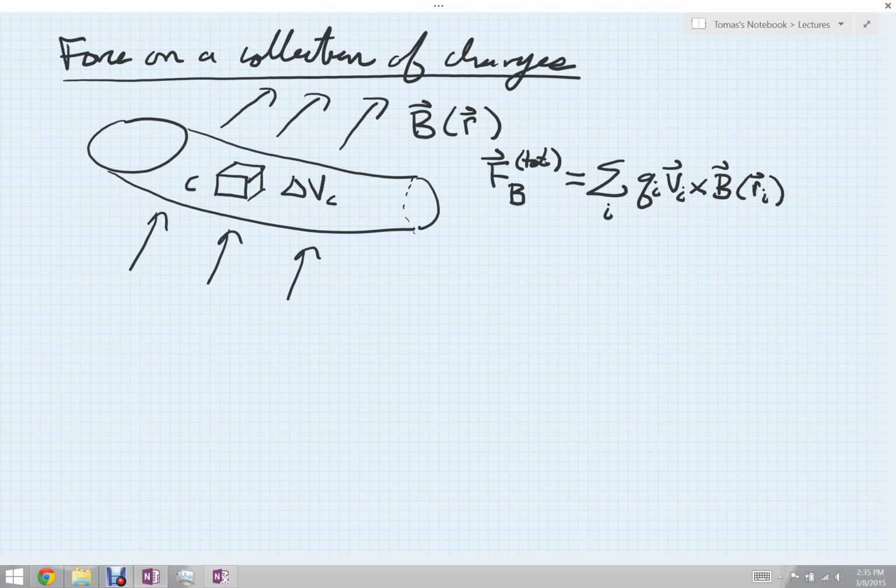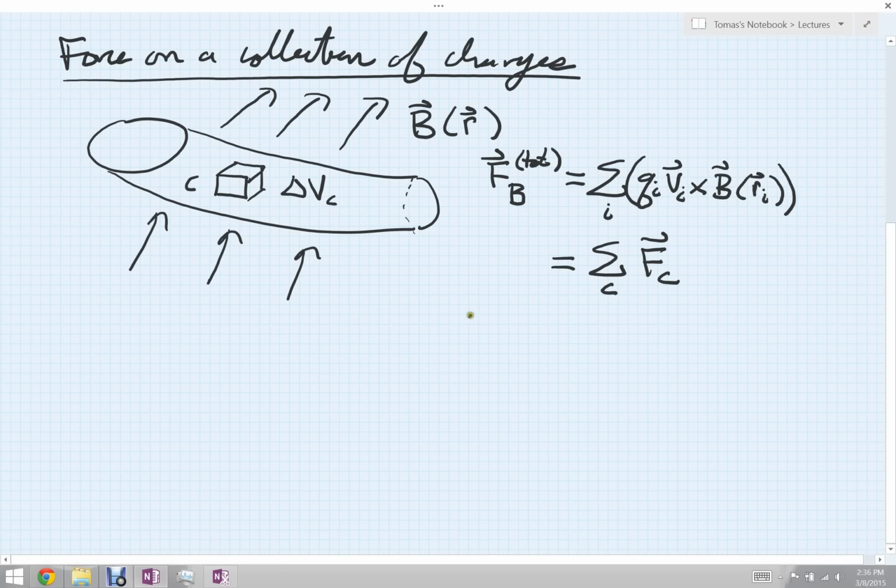Now, what I want to do is break that sum into chunks that I can eventually turn into an integral. So rather than summing over each and every individual particle, I will group the sum into a sum over chunks, where I figure out the force on each particular chunk.